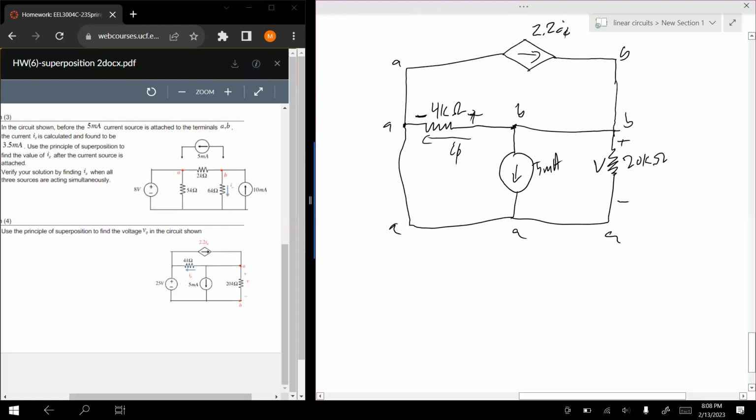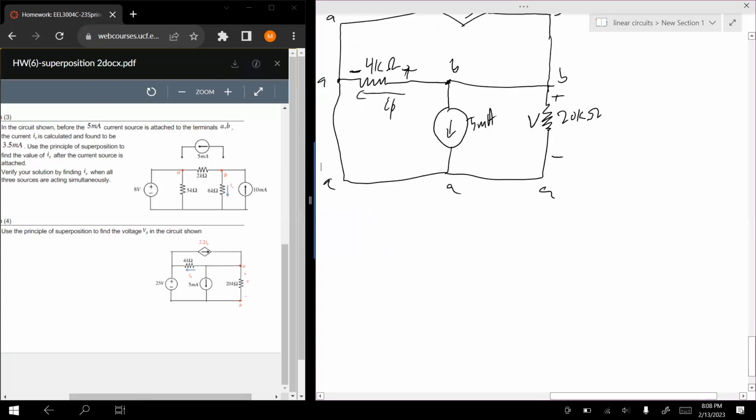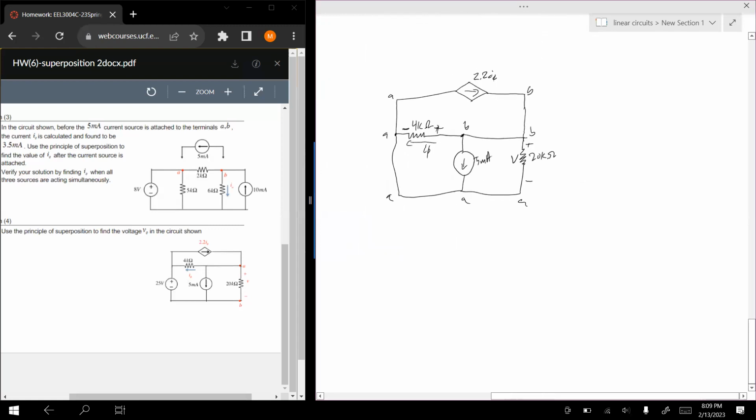So how do we find the volt? Almost dropped my laptop. Okay. So here's what I'm thinking. These two resistors are in parallel. Might not look like it, but they share the same start and end nodes. So if I were to redraw this, you kind of want to think of it a little bit like this.